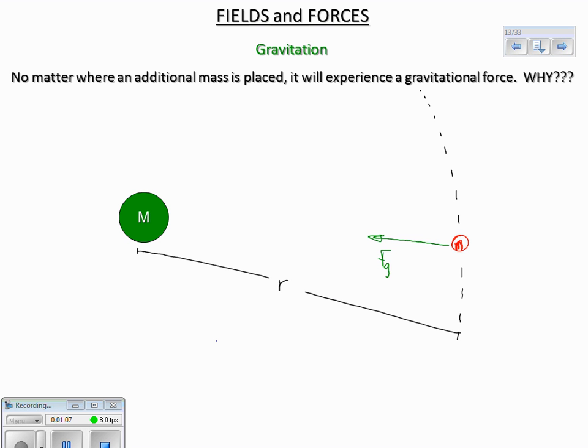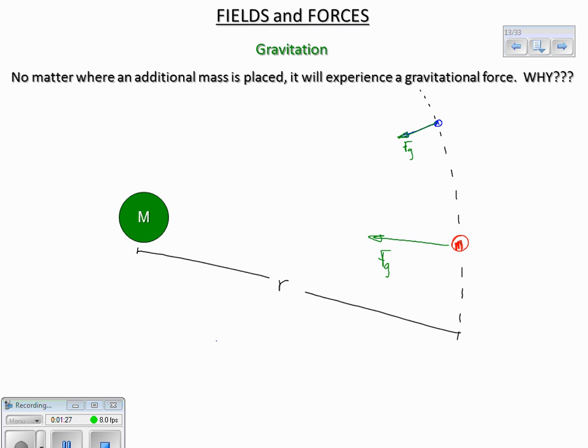Now, let's say we had a different mass here. I'll make it a smaller, again lowercase m. We're going to have a smaller force here. I should really make it green just like the other one. It's the green big mass pulling on the little mass.